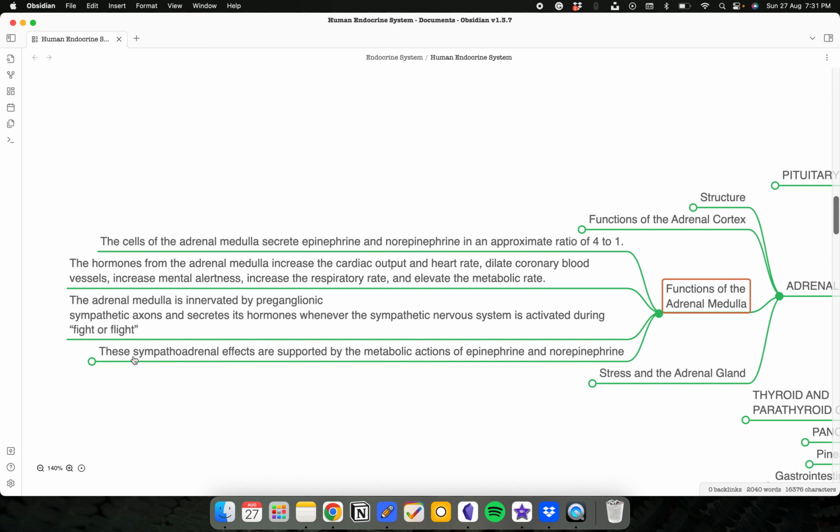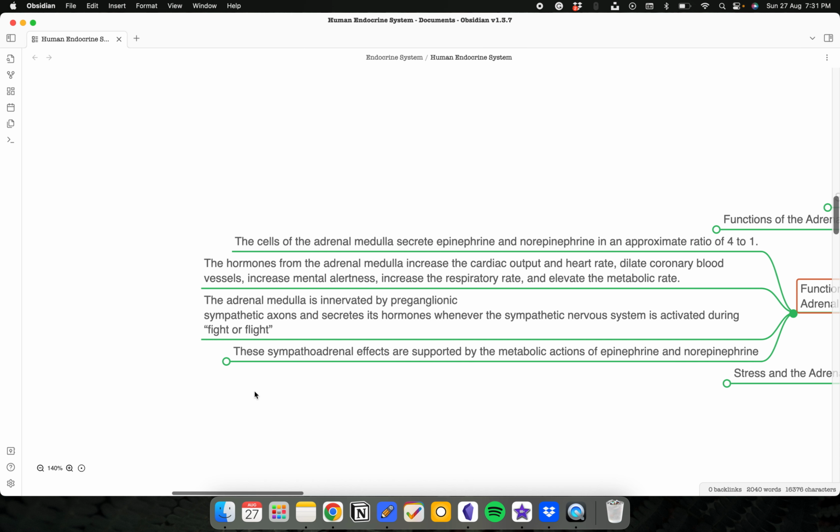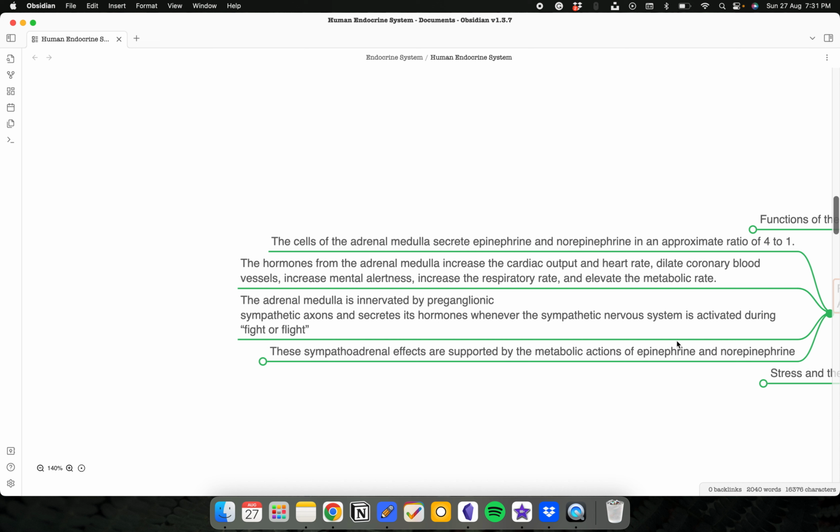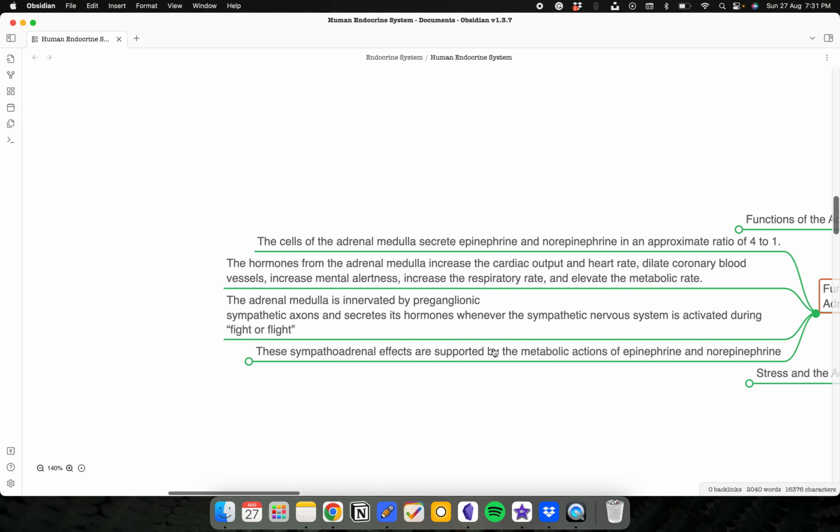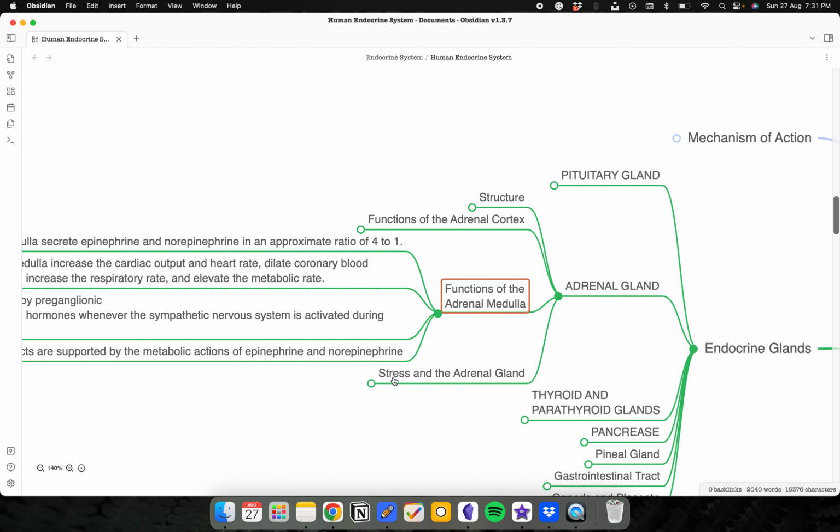The next thing is, these sympathoadrenal effects are supported by the metabolic actions of epinephrine and norepinephrine. Obviously, because of epinephrine and norepinephrine, we can deal with these stress conditions. And that's why there is a specific term called GAS, generalized adaptation syndrome.